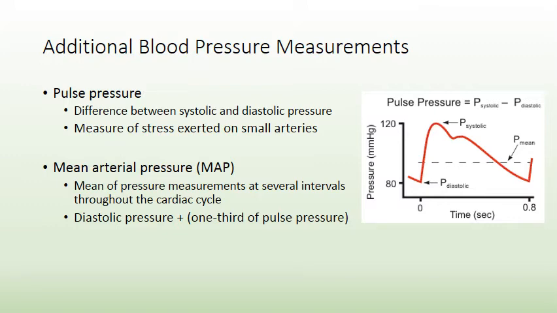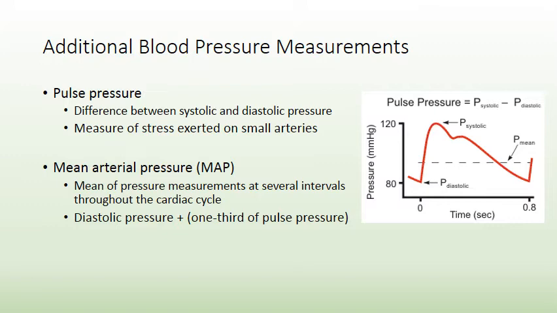If your blood pressure was 120/80, you would take your systolic pressure of 120, subtract your diastolic pressure of 80, and you would have a pulse pressure of 40 millimeters of mercury. This is an important measurement in driving circulation and looking at the stress being exerted on the smallest arteries by these pressure surges.